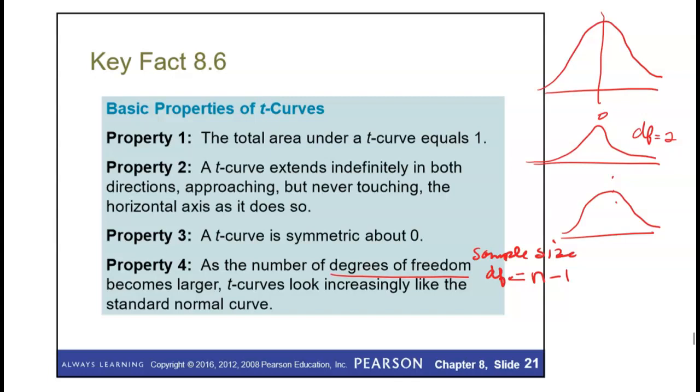Someone who worked for the Guinness Company needed to do small batch samples, and at the time only the z-distribution existed, so he developed a t-curve to tweak those values so that they were dependent upon the sample size. And he could do it for very, very small samples. The Guinness Company wouldn't allow him to publish under his own name, so it became called the student's t-curve.